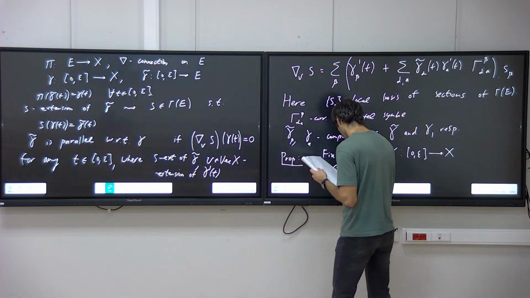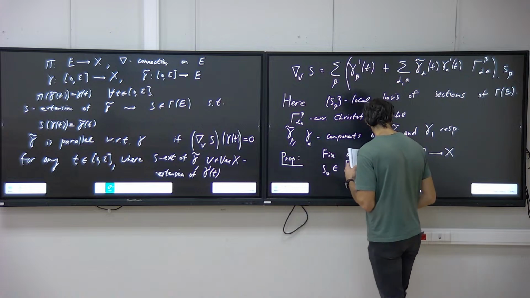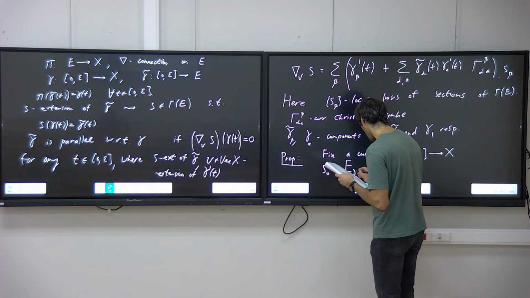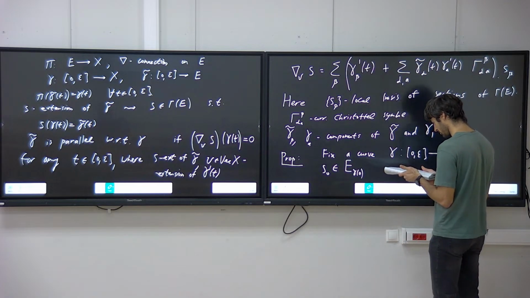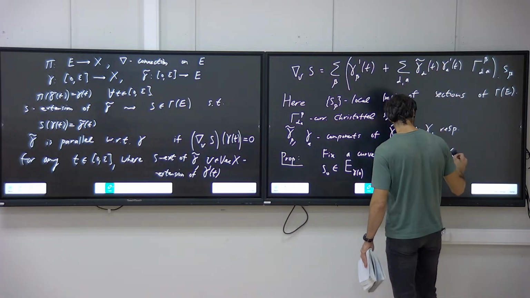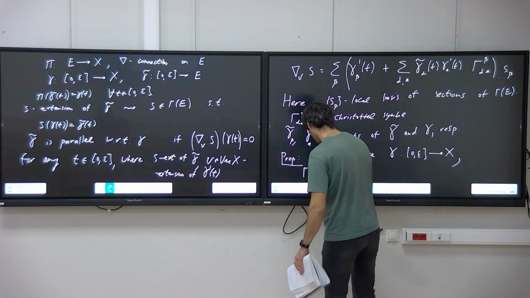So this belongs to the fiber of E at gamma of 0. Okay. So fix this, fix that.